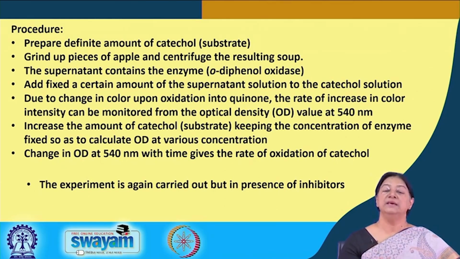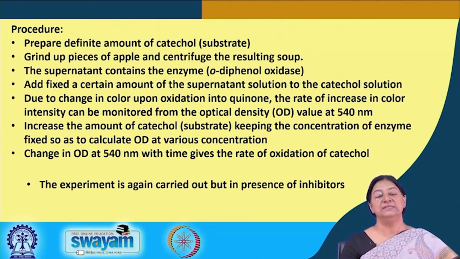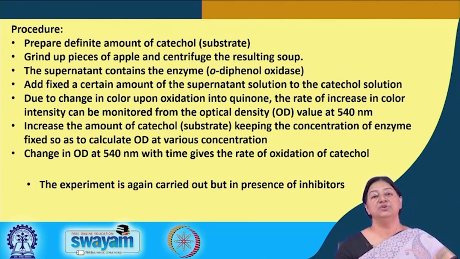Then we increase the amount of the substrate, as we looked at in a specific reaction where we have the velocity on the y axis and the substrate concentration on the x axis. What does this tell us? This tells us that as we increase the substrate concentration, we are going to look at each of these specific reactions for an initial velocity. Then we look at a Lineweaver-Burk plot.